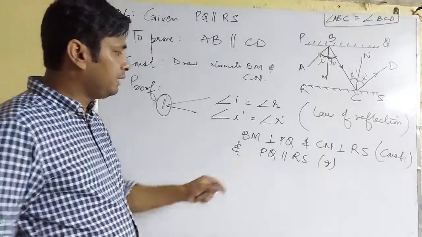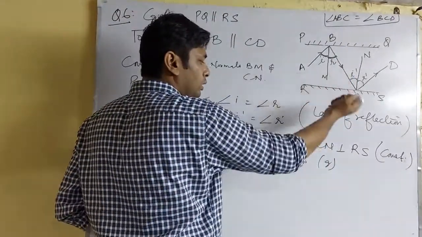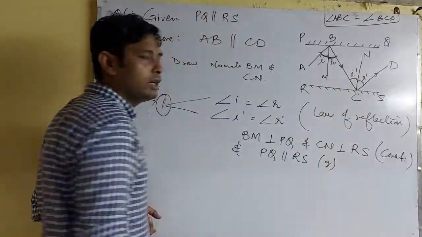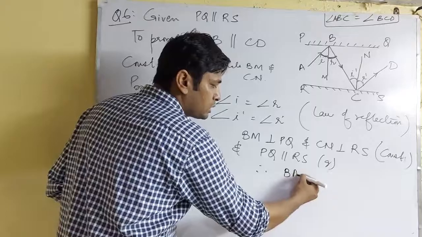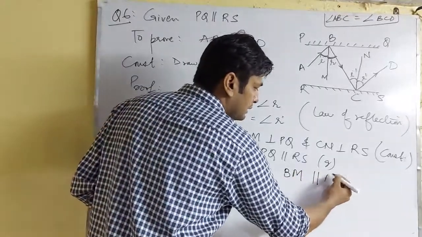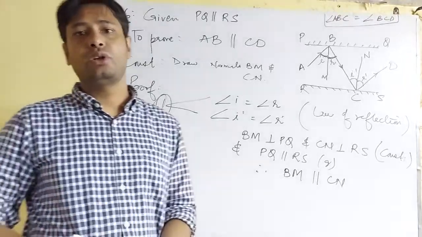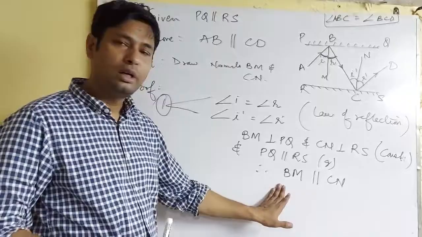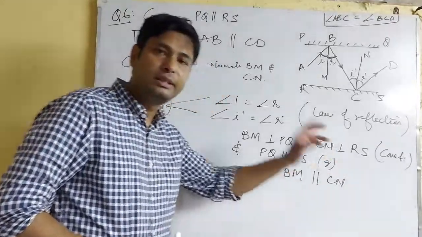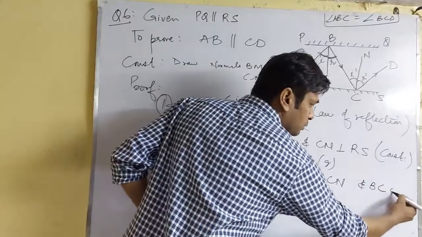So according to that, PQ is parallel to RS, BM is perpendicular to PQ, and CN is perpendicular to RS. Therefore, BM is parallel to CN. Always remember one thing: the perpendiculars of parallel lines are also parallel to each other. Now BM is parallel to CN, and BC is a transversal.